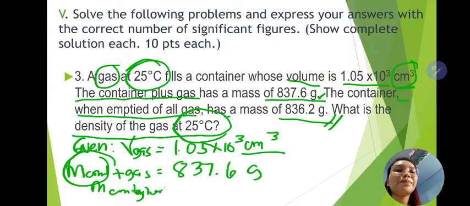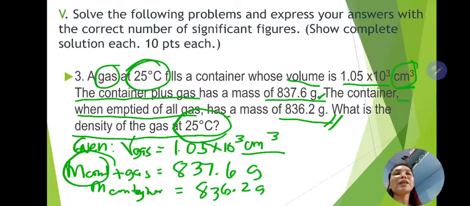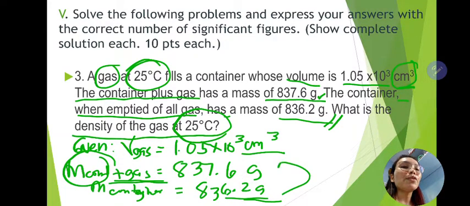So that is 836.2 grams. Okay? So, para makuha natin yung mass lang ng gas, katulad sa ginawa nating water displacement method kanina, ito naman sa gas, kailangan i-subtract natin yung weight ng container from the weight of the container plus the gas.